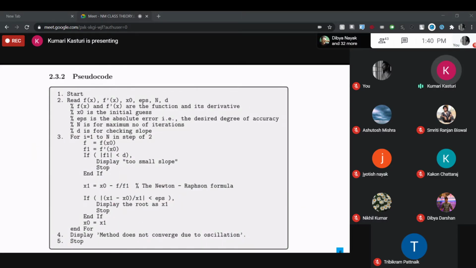All of you, please write down the pseudocode, because we will also do the coding of this method. Write down the pseudocode, because in the Tuesday class we will do this one.